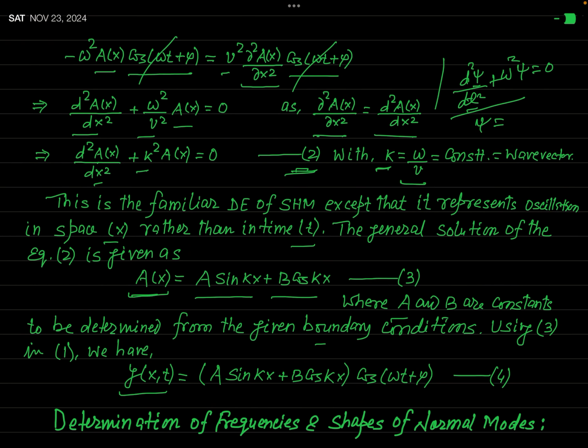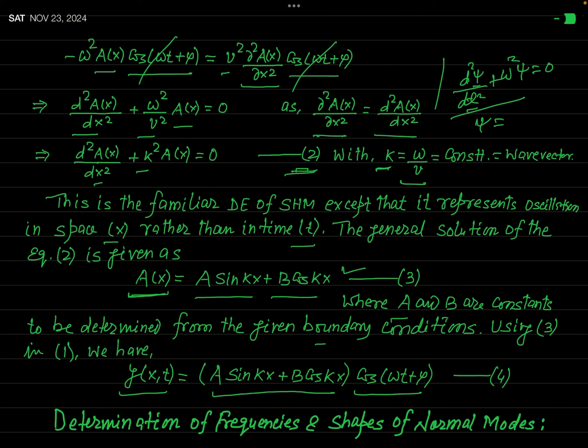But you have seen that A(x) is given like this, so let us substitute it in equation 1, and you will get y(x,t) = (a sin kx + b cos kx) cos(ωt + φ). Actually, this equation 4 will be used to determine the shape of the mode of vibration.